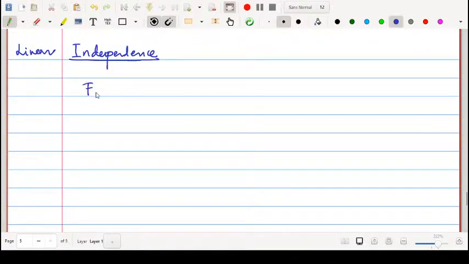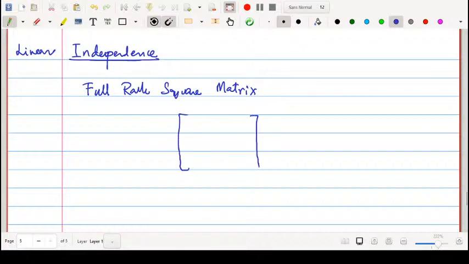So a full rank square matrix, right? Let's say we have a 3 by 3 full rank square matrix. When I say full rank, of course, when it's square, the rows equal the columns, so whether you call it a full column rank matrix or a full row rank matrix, it's exactly the same thing.